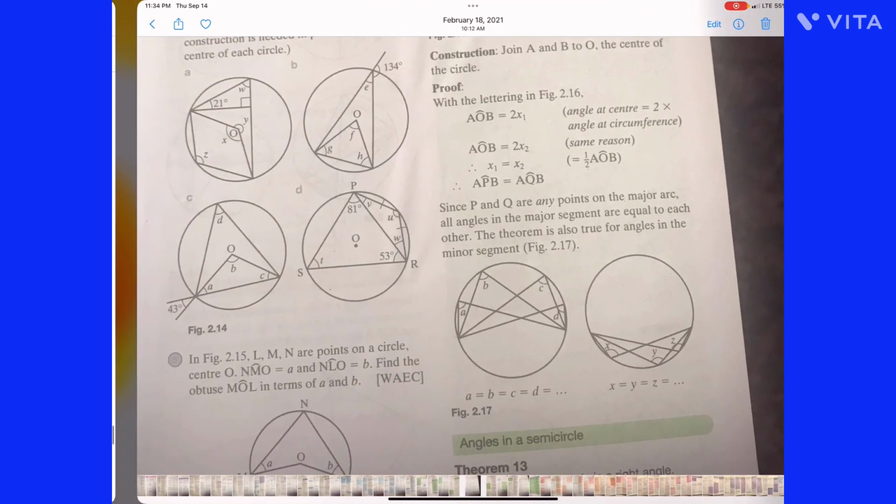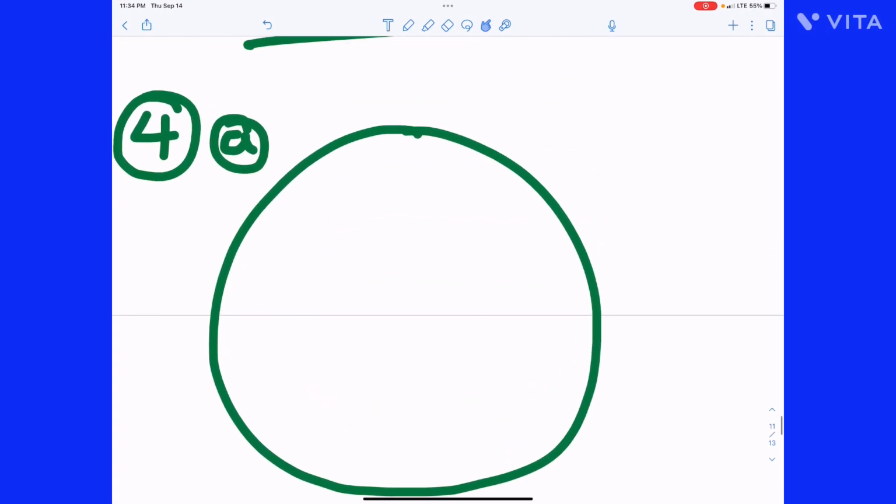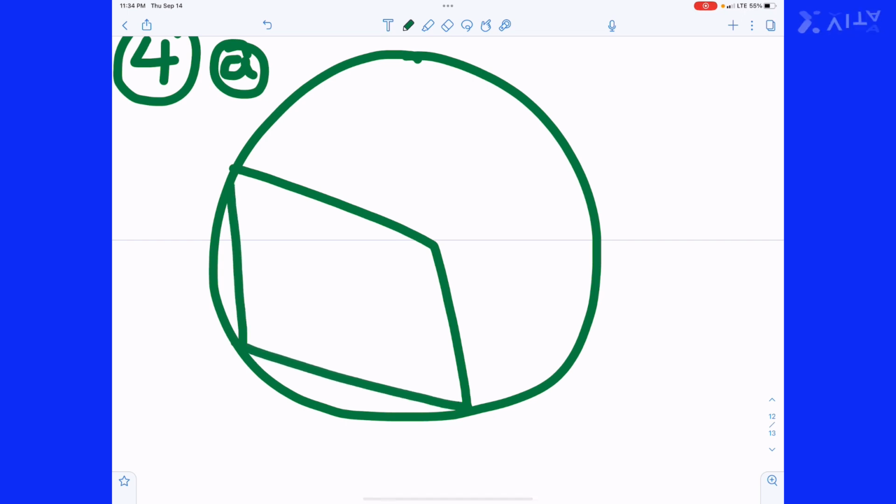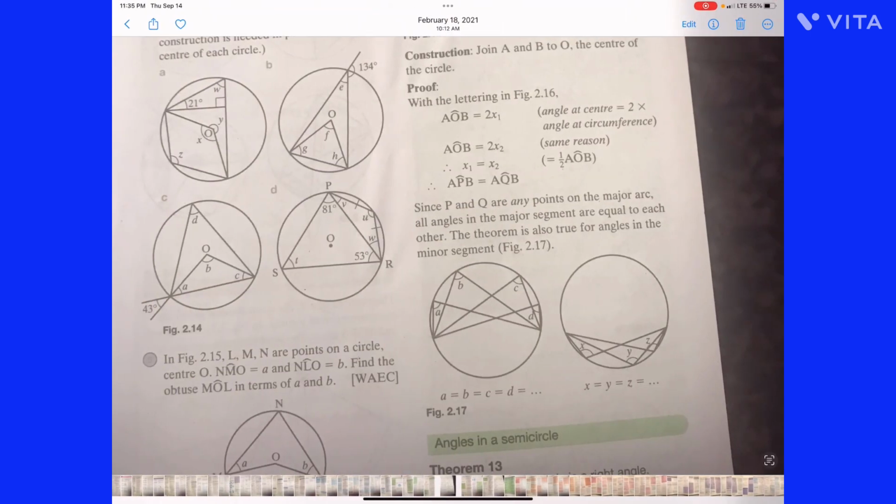X, Y, Z. Okay. 1, 2, 3, 4. Okay, X, Y, Z. So that's the first part of 4A.